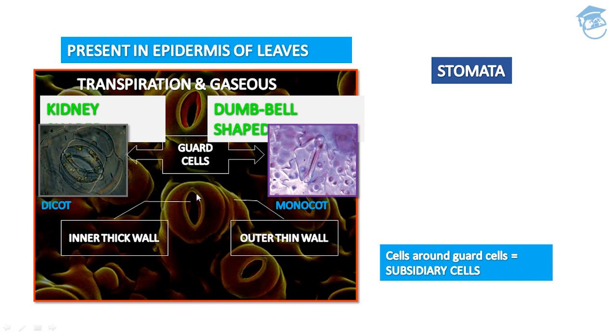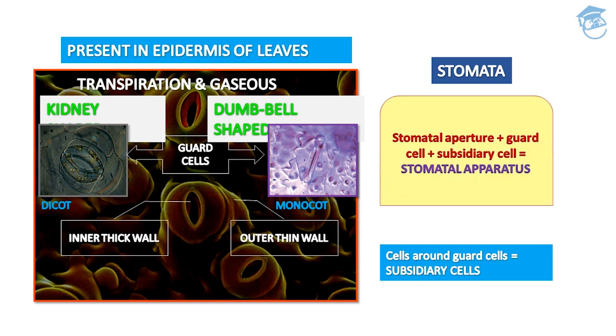These two kidney shaped cells are called guard cells, and the cells around them are called subsidiary cells. This aperture is called the stomatal aperture. All these three together make the stomatal apparatus.